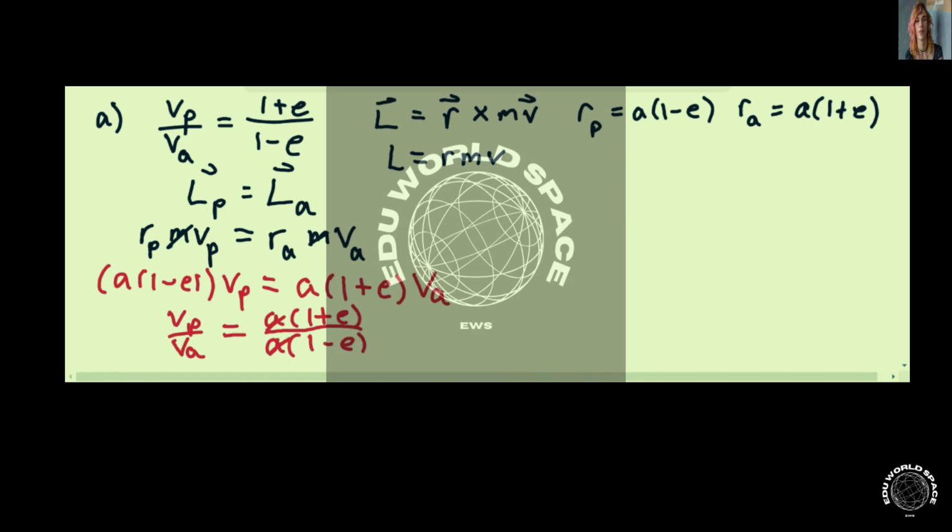My a's cancel, and I end up back with that equation that we were trying to get. Velocity at perihelion over velocity at aphelion is equal to 1 plus e over 1 minus e.